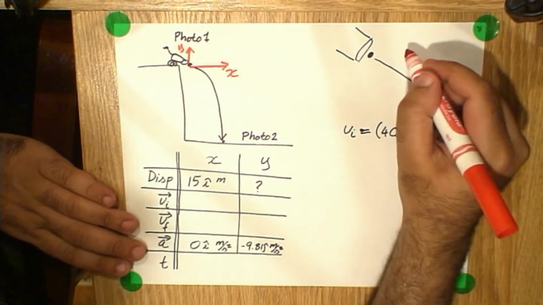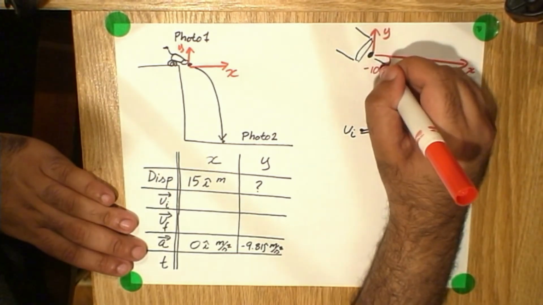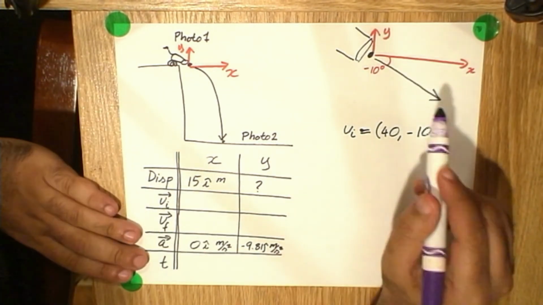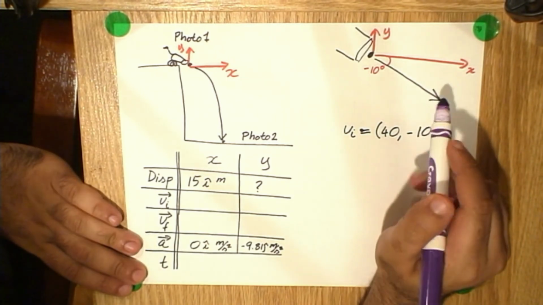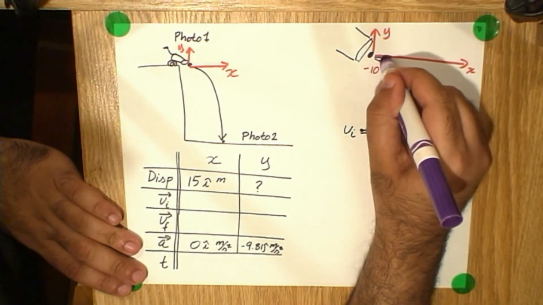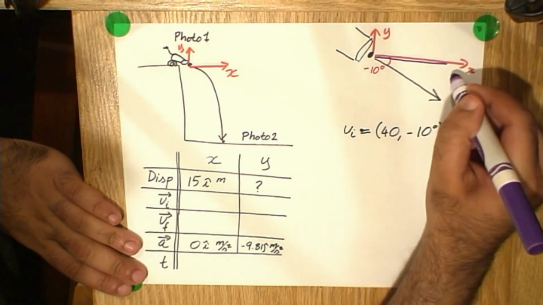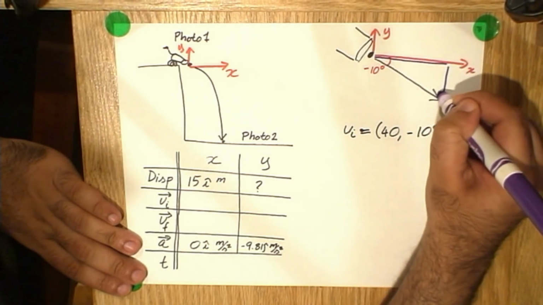Let's fill in the axes. And now let's start breaking this into its components to convert it from polar into Cartesian. Here's the x component, and there's the y component.